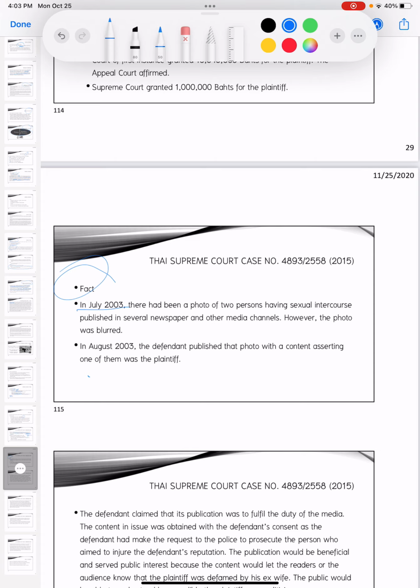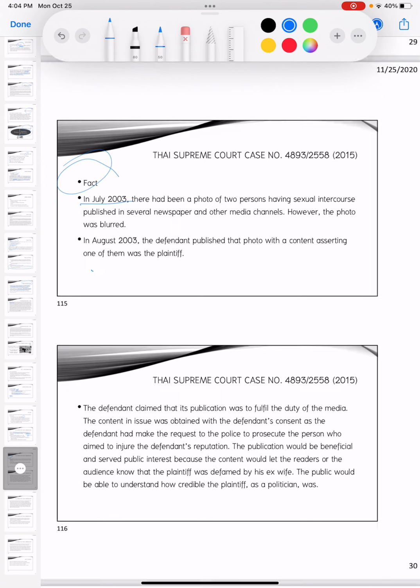So the name of the plaintiff has been mentioned, right? In this newspaper, they say that, okay, in this blurred photo, the male is the plaintiff. The name of the plaintiff has been addressed in the article.